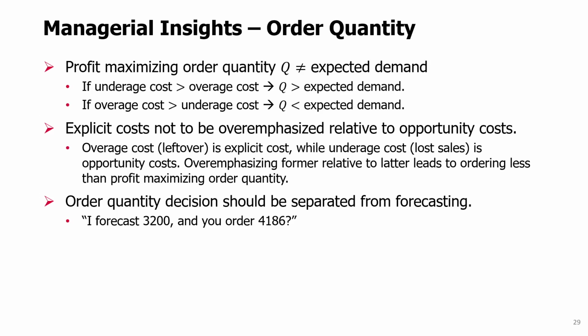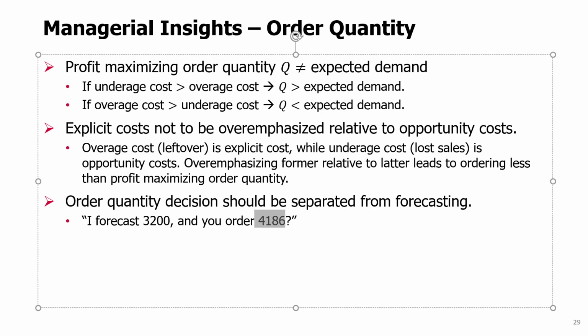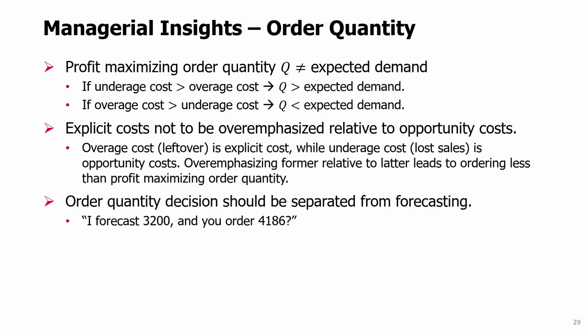And then you would have to have a long explanation of basically this whole topic of why it is very reasonable to order 4,186. This is the quantity that maximizes the profit, and it is strongly based on the 3,200, but it is also based on our economic inputs, profit, cost, salvage value, and also on the known quality of forecasting that we know from past forecasting performance.